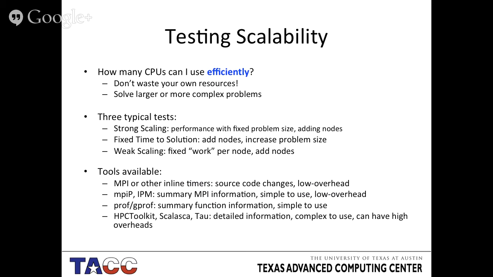And then there's the more complicated tools like HPC Toolkit, Tau, or Scalasca that can really give you a ton of information, both about MPI and about hardware counters and about very low-level execution detail, but are typically a little bit more complex to use. And so if you're just looking for scalability data, something like mpiP or IPM is going to be more useful than a very large application that gives you other information you might not need at this point.